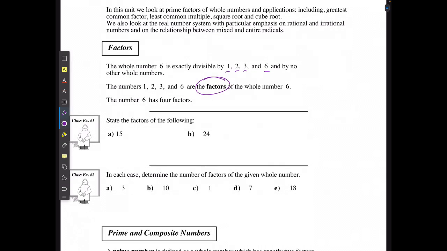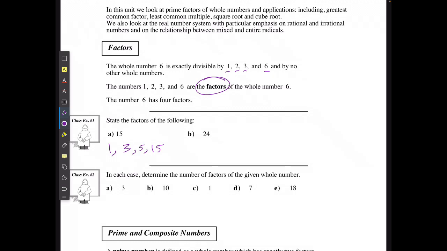If I'm stating the factors of 15, I'm thinking, what are all the whole numbers I can divide 15 by so that it divides out evenly? Well, any number is always divisible by 1 and itself. But 15 is also divisible by 3 times 5.